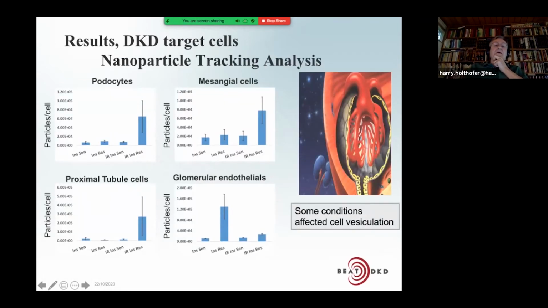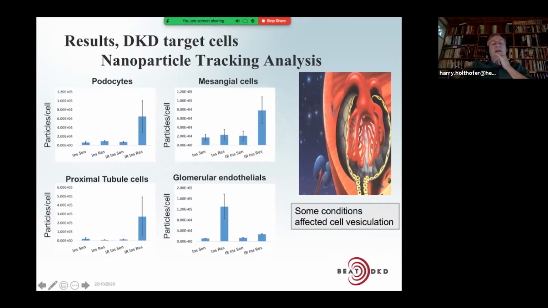In NTA, yes, we show that in these podocytes, insulin resistant cells with insulin receptor transfection, that leads to an increase of vesicle secretion, and that is true for mesangial cells and proximal tubular control cells, but not the glomerular endothelial cells.